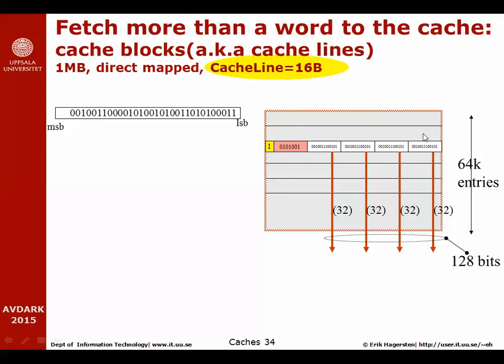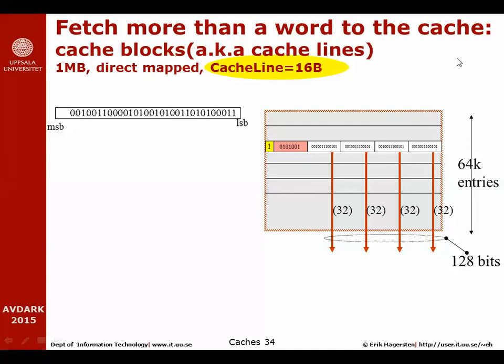So instead we have a chunk of data here, 4 words glued together in one container, and this is our cache line, 16 bytes. Together with each cache line, we have one address tag and one valid bit. If there's a match between the address tag and the valid bit is set, that means that all these 4 words are valid in the cache at the same time.